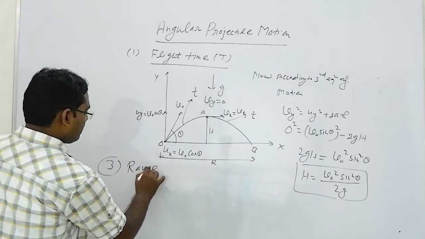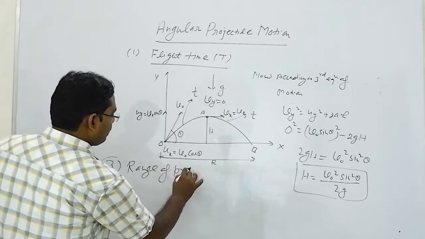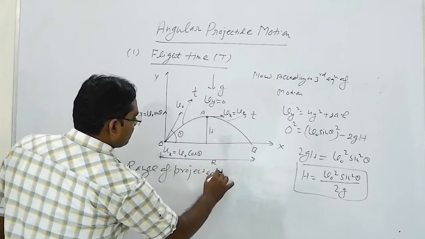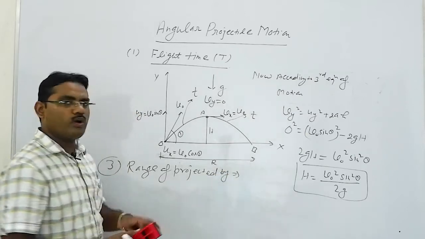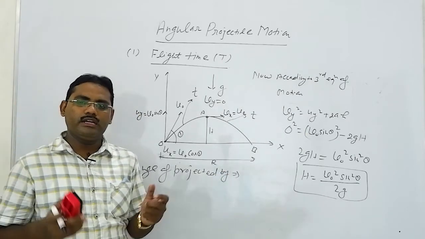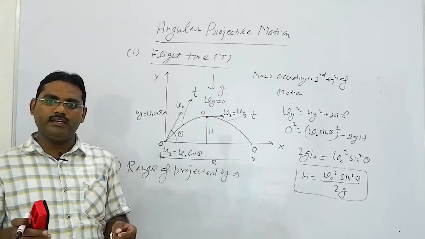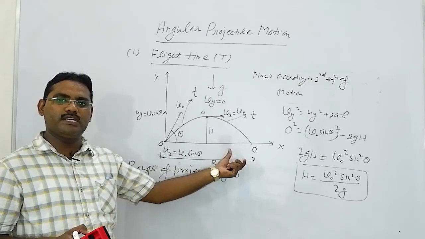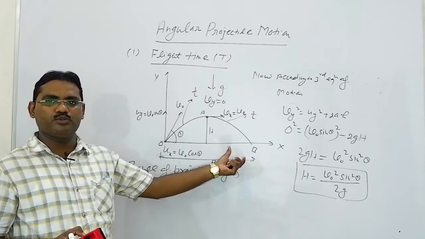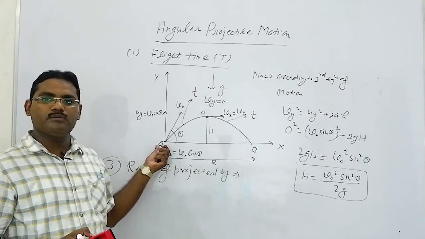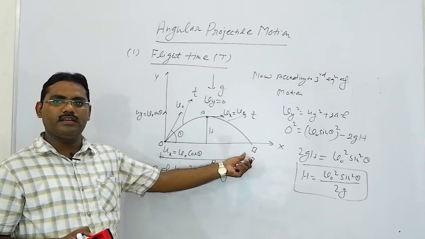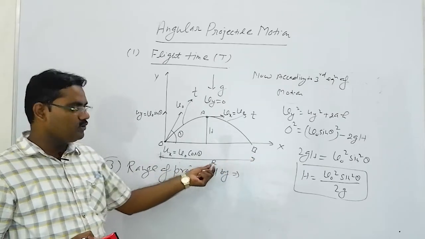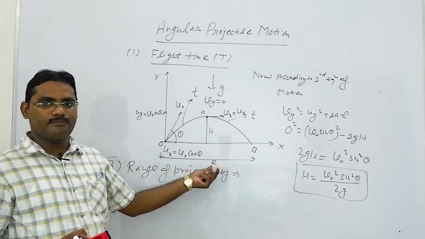What is the range? The range of a projectile is defined as the linear distance or linear displacement traveled by the projectile from the initial point to the final point. It is denoted by capital R.